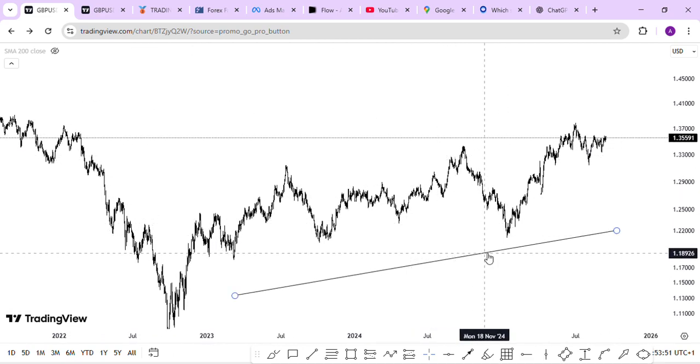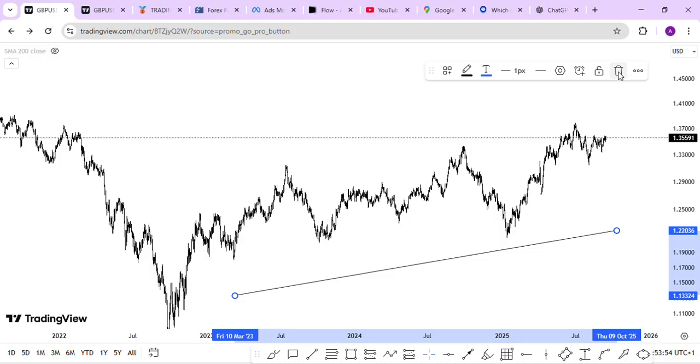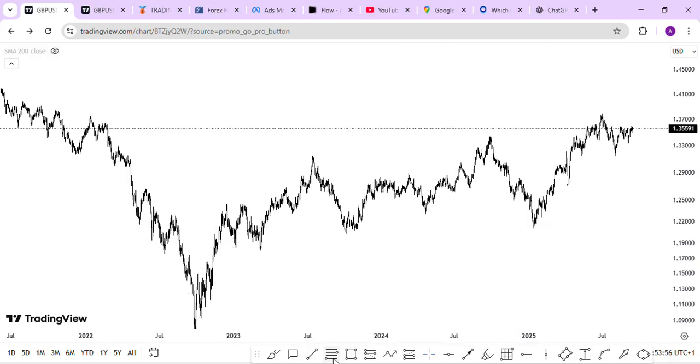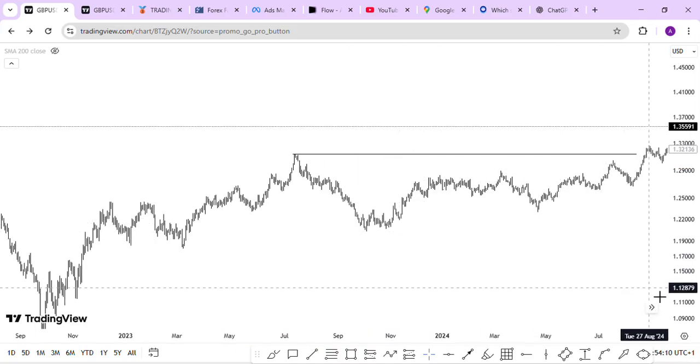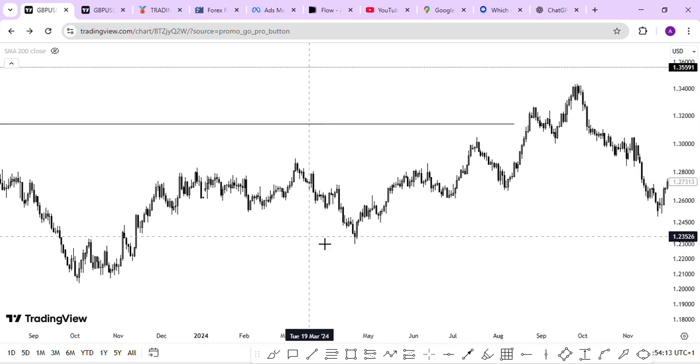That's the current situation of GBPUSD. First of all, what you need to do is look for where you see a clear break of structure. In this bullish momentum, just look for a clear break of structure like this. As you can see, we had a break of structure to the upside.